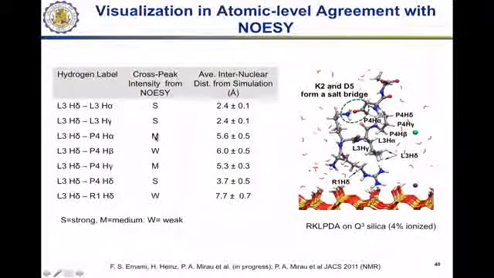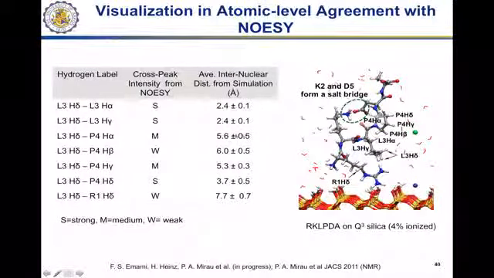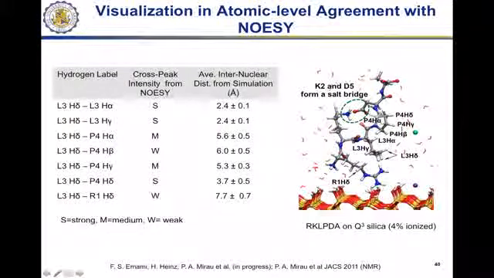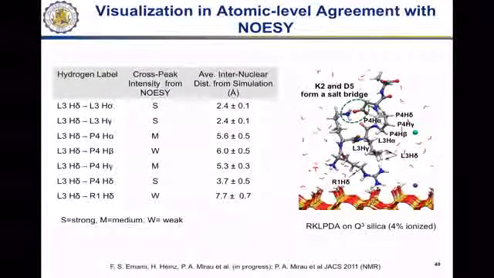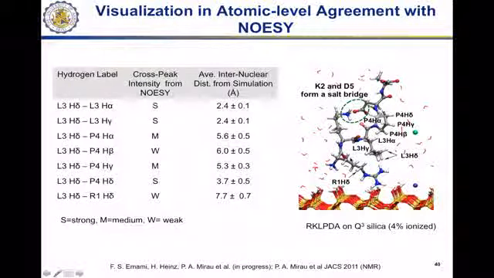If you have a medium strong NOESY peak, then the distance is a little bit larger, and for the weak ones, the distance is even larger. So even as a time average over 5 or 10 nanoseconds, we can almost atomically resolve those interfacial structures. And that's quite exciting. I think this has not happened before.